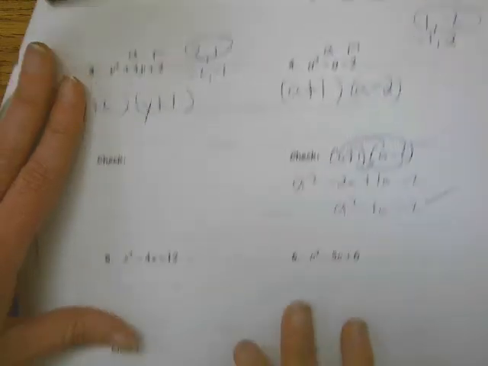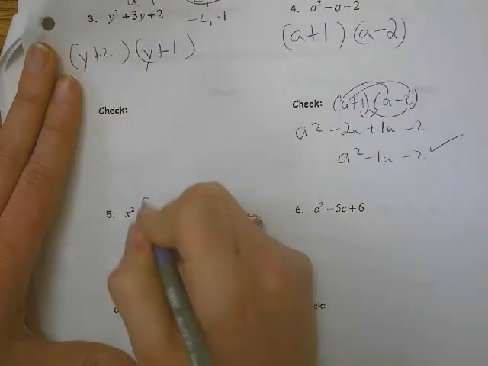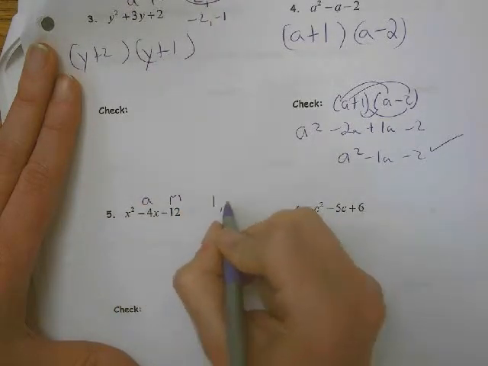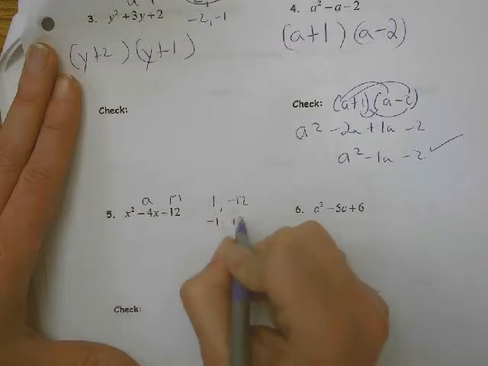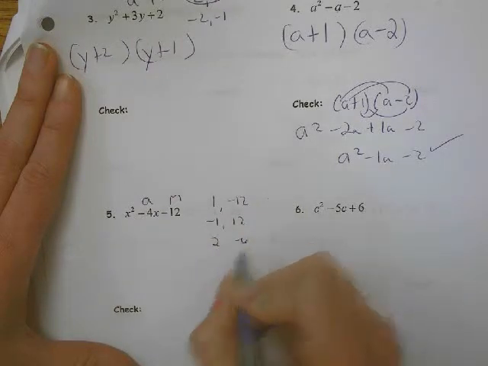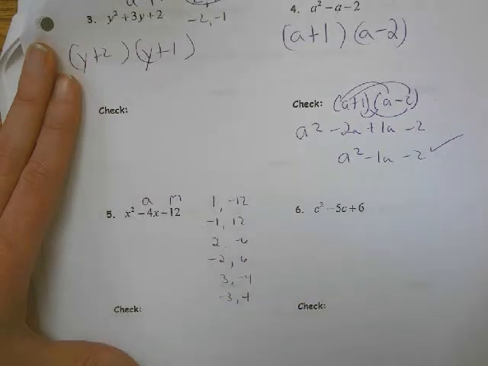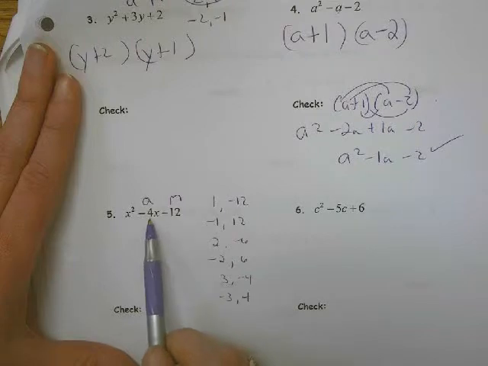Okay. Number 5. All the factors of negative 12: 1 and negative 12, negative 1 and 12, 2 and negative 6, negative 2 and 6, 3 and negative 4, negative 3 and 4. I want to add and get a negative 4.